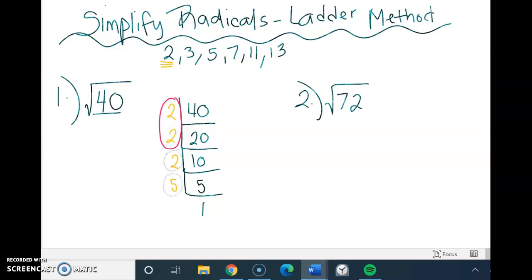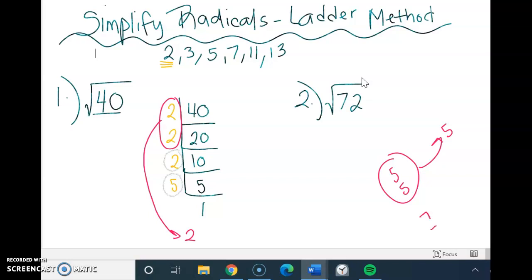After I've circled my pairs, the next thing I want to do is bring down those pairs and merge them to just become one number. Because I have a pair of 2s, those are just going to become 2. If I had a pair of 5s, for example, those would merge to become 5.